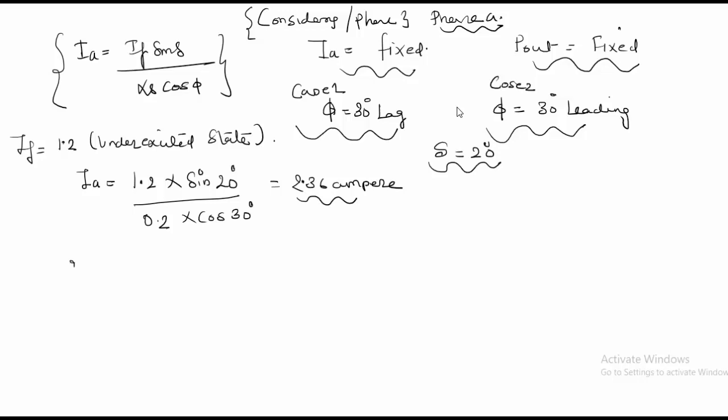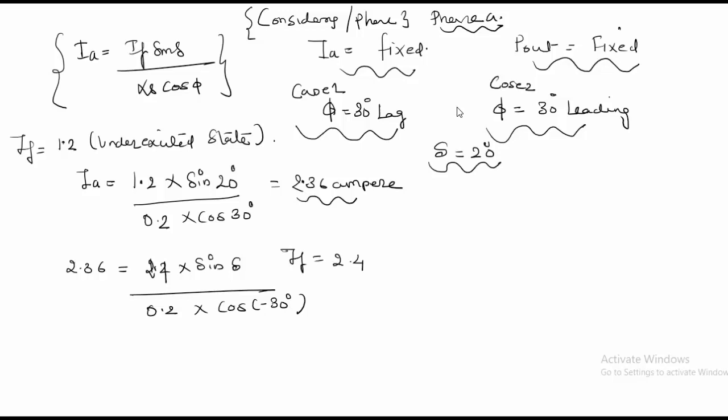And again, if you keep the 2.36 as constant and 1.2 into sine of delta, and now vary this same thing into cos of minus 30 degree, in the second case I have increased the IF to a value of 2.4 amperes.